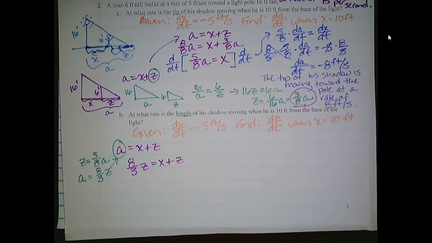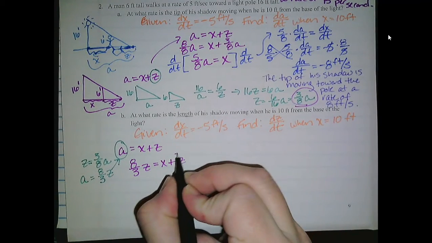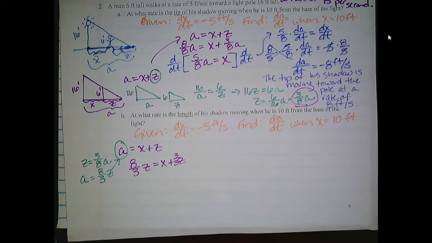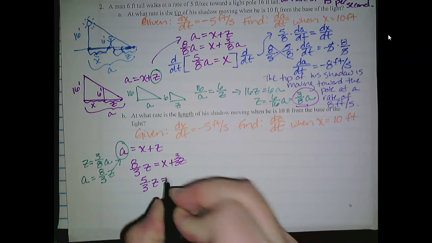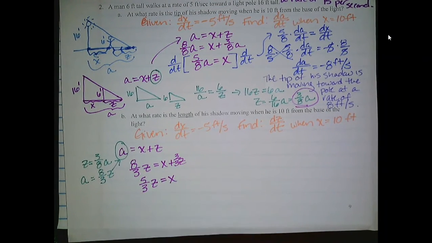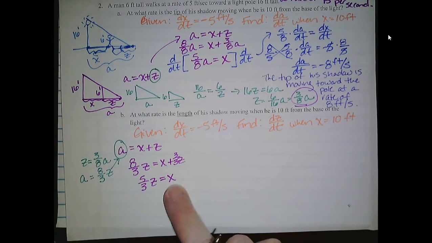So if I have 8/3 z and I remove 1 z, 3/3, 8/3 minus 3/3 is going to give me 5/3 z is equal to x. Now I've got my equation down to the variable whose rate I know and the variable whose rate I want to know.